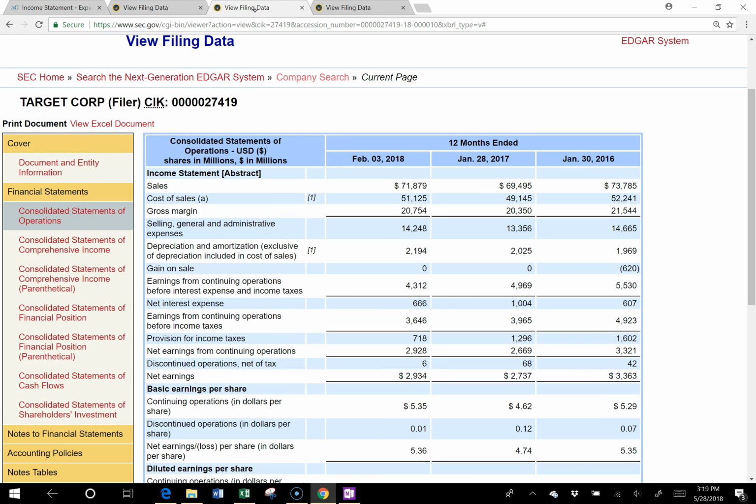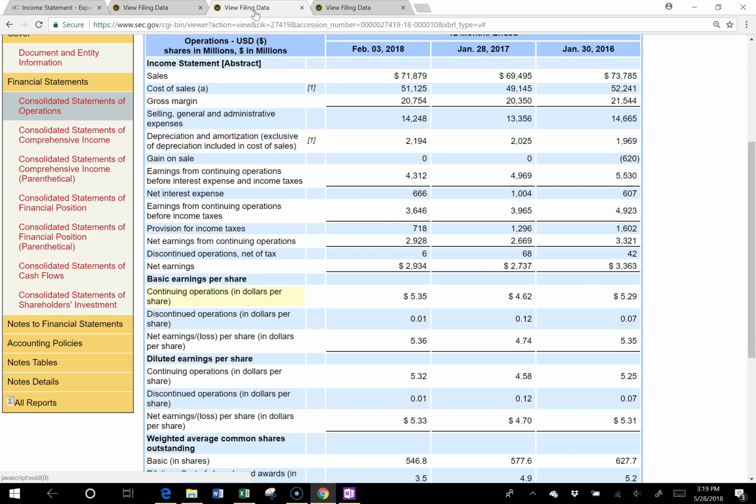See, it wasn't much in the most recent year, and then finally net income. We also see earnings per share. Rather than simply reporting just basic earnings per share and diluted earnings per share, we have three components to basic earnings per share: continuing operations per share, discontinued operations gain or losses per share, and then net income per share. Same calculations are done for the diluted earnings per share.